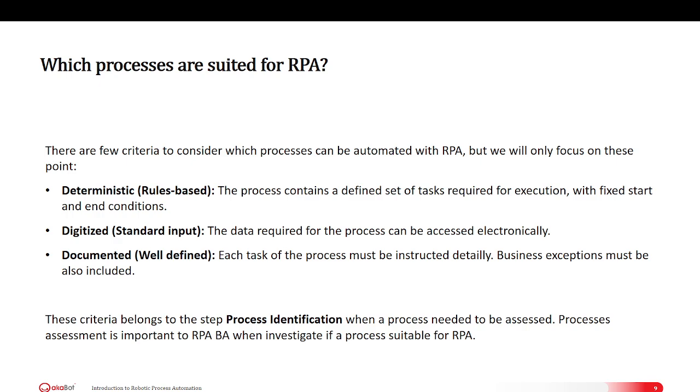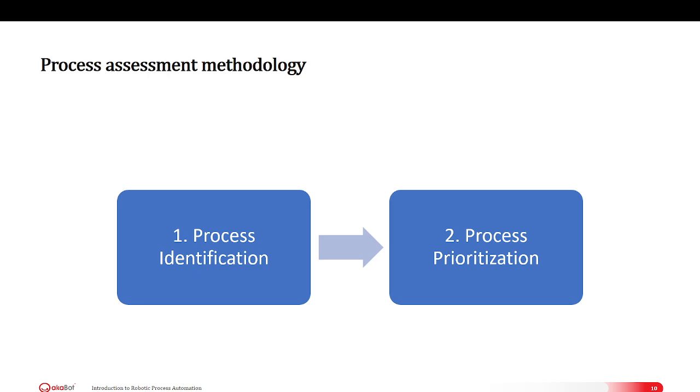So these are the process identification criteria when a process needs to be assessed, and this is very helpful for the business analyst when they investigate if a process is suitable for RPA or not. So we need a methodology to carry out in order to select a process for automation.